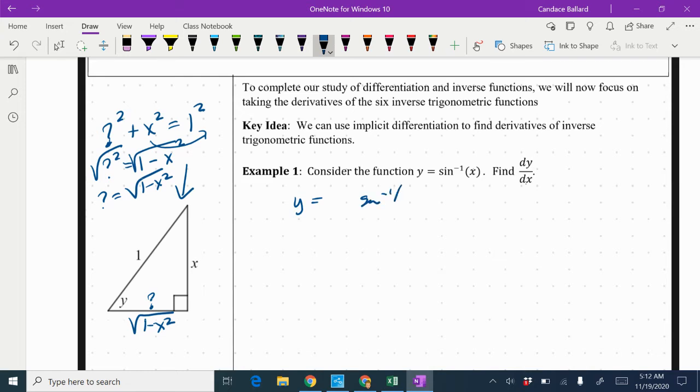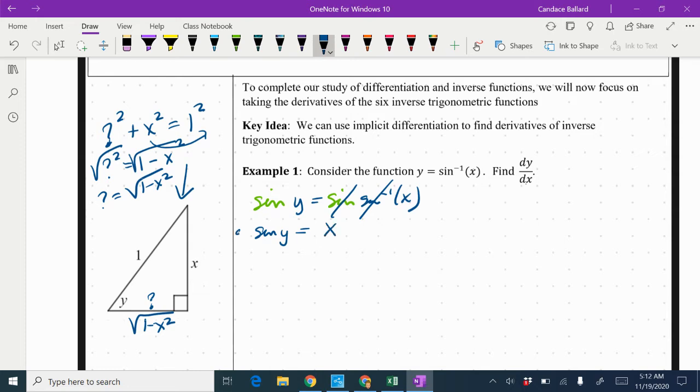To get rid of sine inverse, we could take the sine of both sides, because we know that sine and sine inverse cancel. So I have the sine of y equals x.